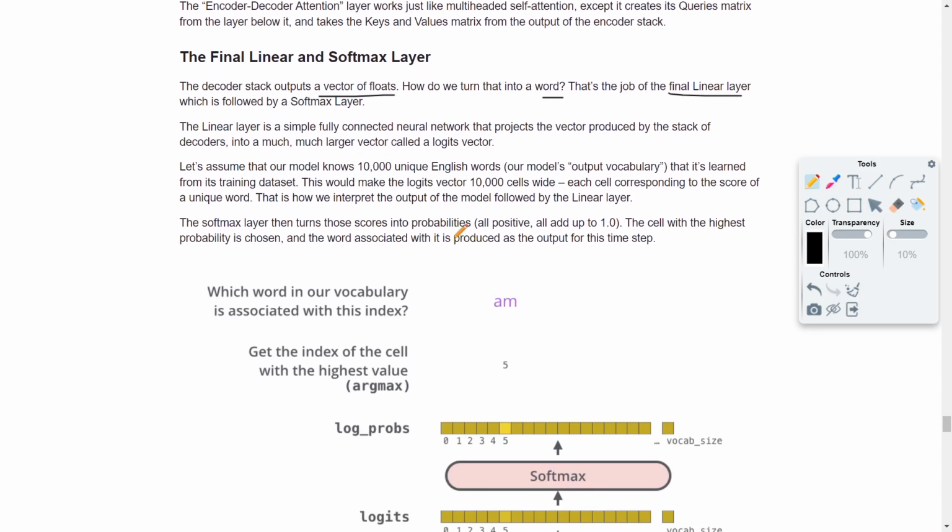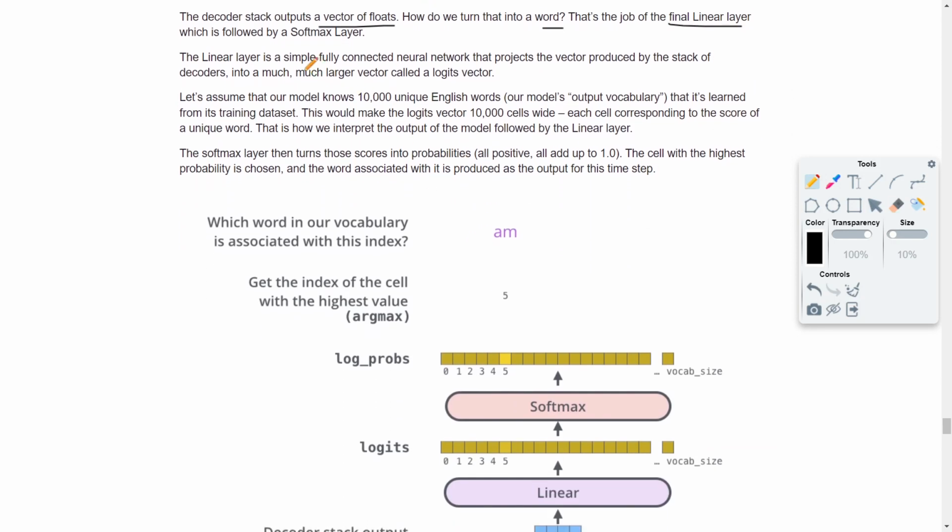The linear layer is a simple fully connected neural network that projects the vector produced by the stack of decoders into a much larger vector called a logits vector. Let's assume that our model knows around 10,000 unique English words, which from the perspective of the model we call the output vocabulary, learned from the training data set.